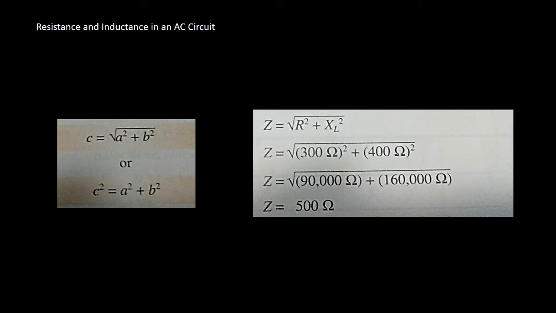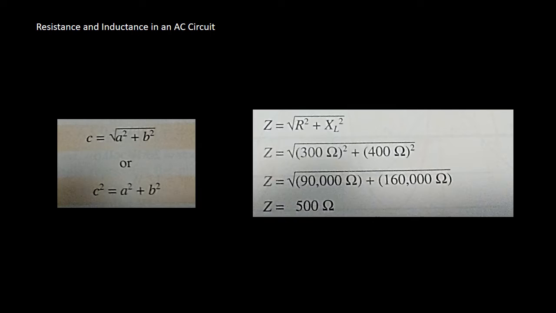That's the Pythagorean theorem. Z equals the square root of 300 ohms squared plus 400 ohms squared, which is equal to 90,000 ohms plus 160,000 ohms, all square rooted, which is Z equals 500 ohms. The impedance of the circuit is 500 ohms.